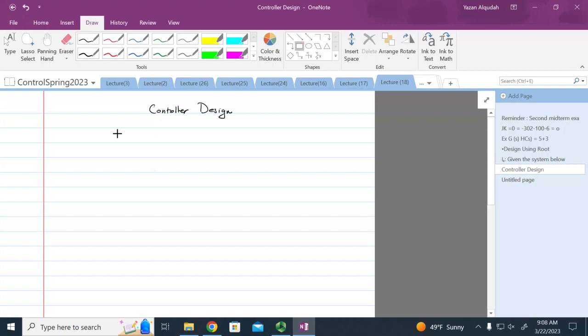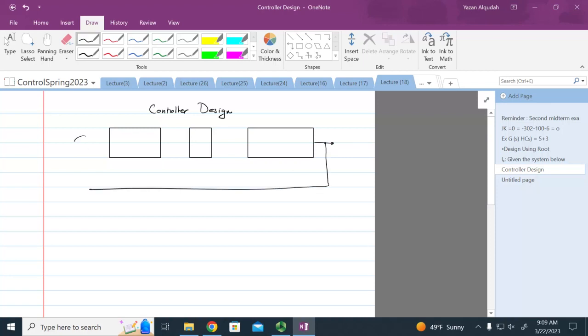So what we're going to be doing is adding another block to our system, and that block is called the controller.